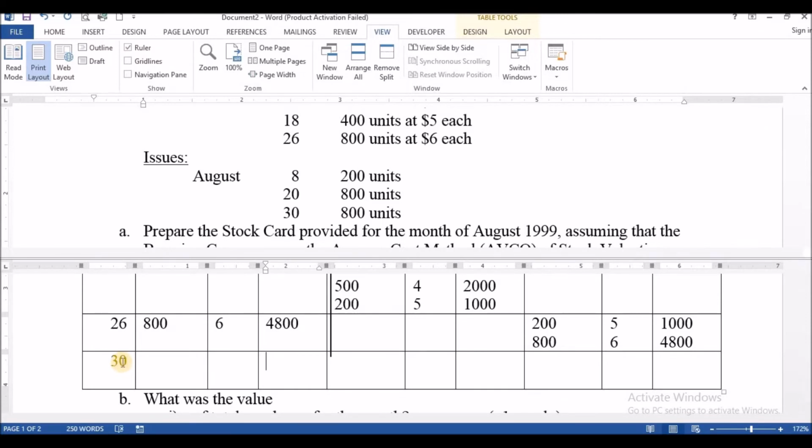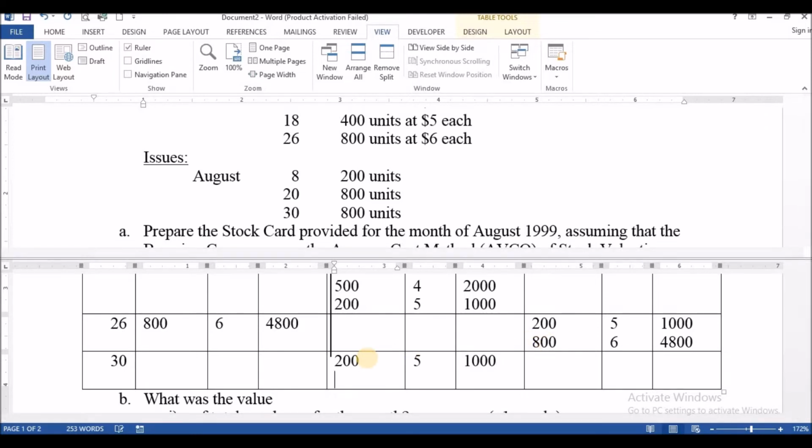Now, we do have 800 units all at once that we could sell, but we're using FIFO, first in, first out. So we must sell this 200 units first. So that's 200 at 5, 2 5's 10, and then we're going to sell the remaining 600 out of this 800.